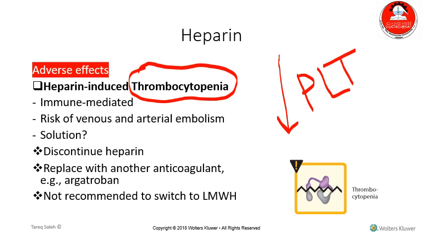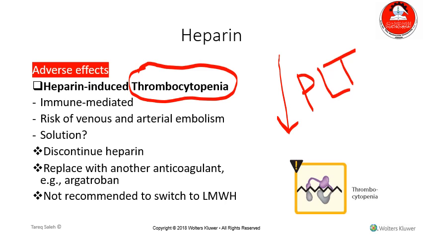And that is associated with a high risk of both venous and arterial embolism. I understand that this is against logic, since a decreased number of platelets shouldn't be associated with thrombotic events. But this is a paradoxical phenomenon noticed with heparin therapy.